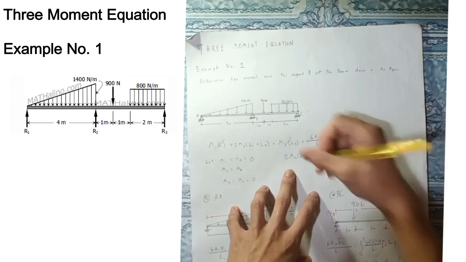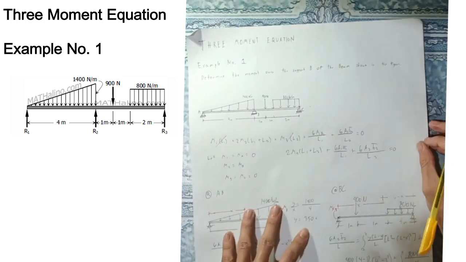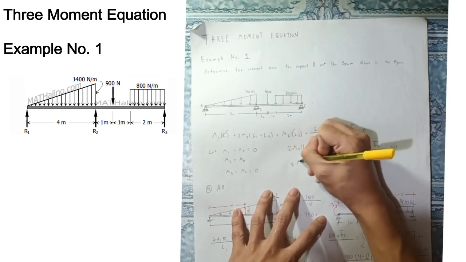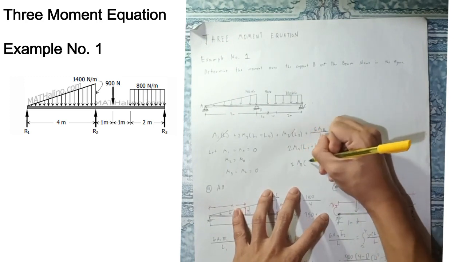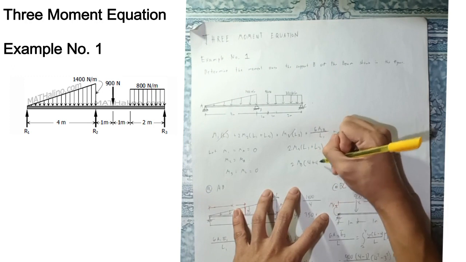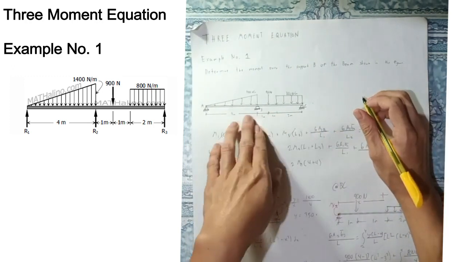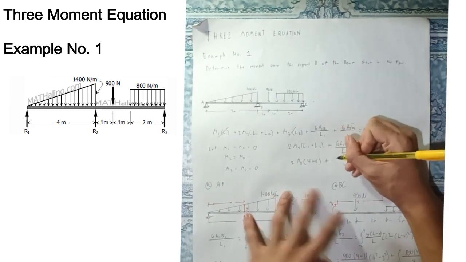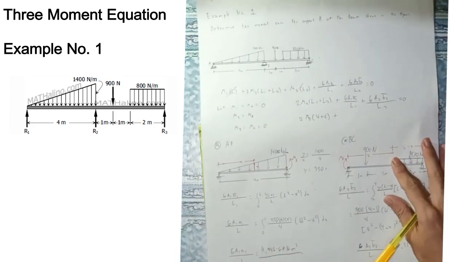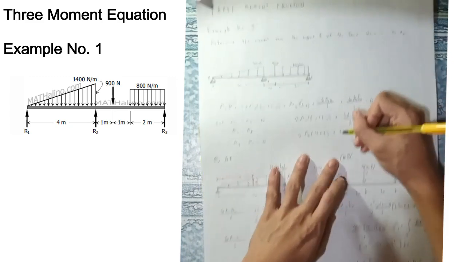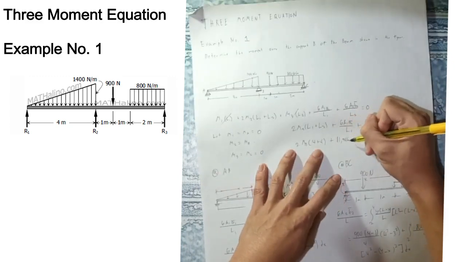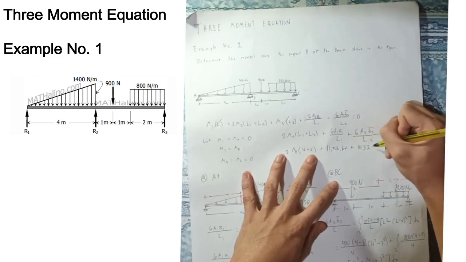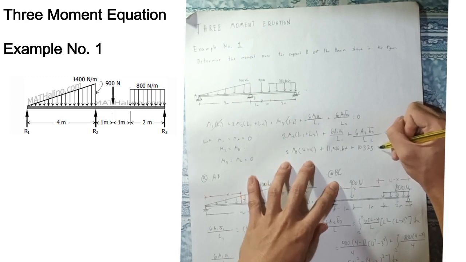So 2M2 is equals to 2MB times 4 plus 4. So they have the same length, side A and side B. So plus this one 11,946.67 plus 10,325.